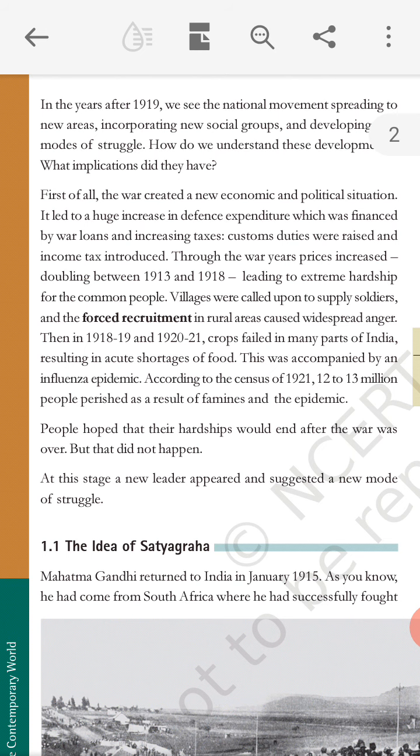Through the war years, prices increased. Goods prices also increased, doubling. How? Double rates. Between 1913 and 1918, the First World War period, the prices of goods also increased, leading to extreme hardship for the common people.